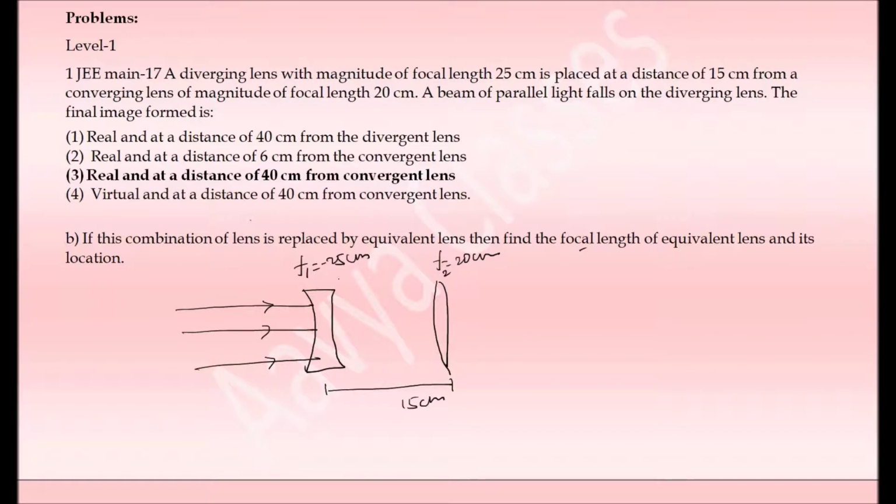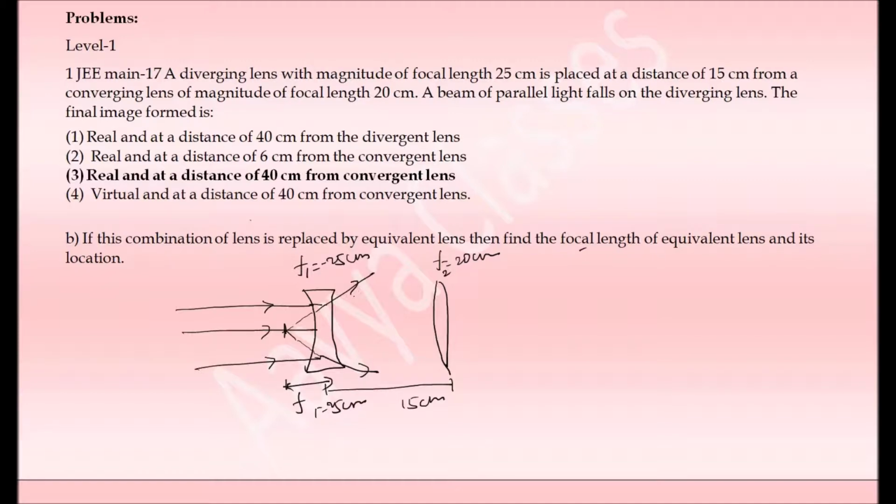As this is a parallel beam of light, the diverging lens will diverge the light ray, and it will form the image at its focal point, and that image will be a virtual image. This is its focal point f1, with the value of f1 equal to 25 centimeter.